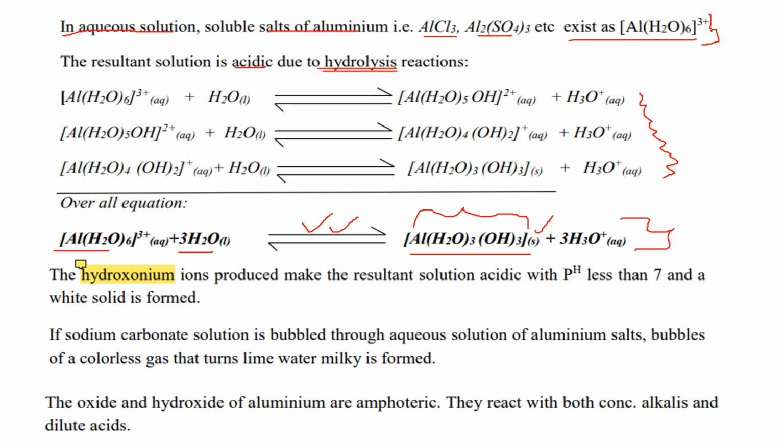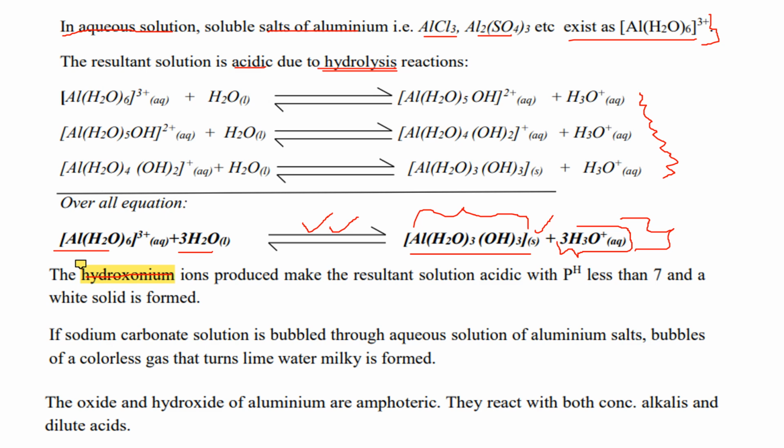Now these protons released, all the hydrogen ions, combine with water molecules. In combining with water molecules, they form hydroxonium ions. It's those protons that make the resultant solution become acidic. And the hydrogen ions, sorry, this was a typing error, this is supposed to be hydrogen ions.